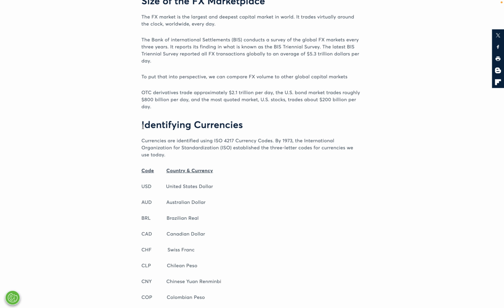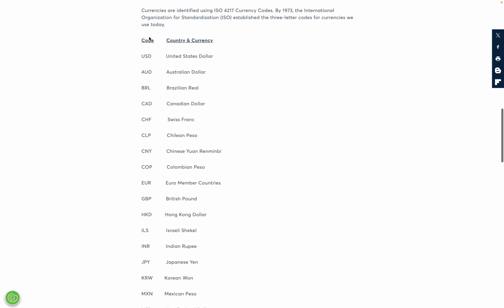Okay. Identifying currencies. Currencies are identified using ISO 4217 currency codes. By 1973, the International Organization for Standardization, ISO, established the 3-letter codes for currencies we use today. So these are ISO codes.